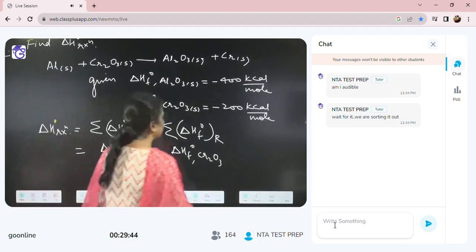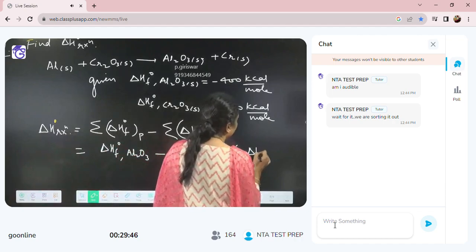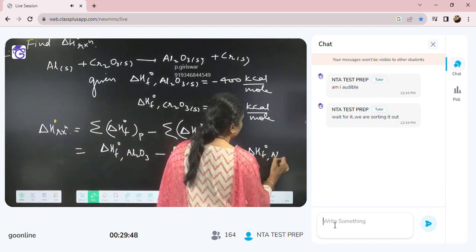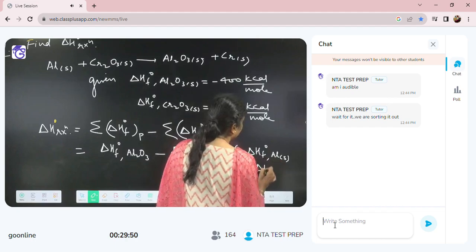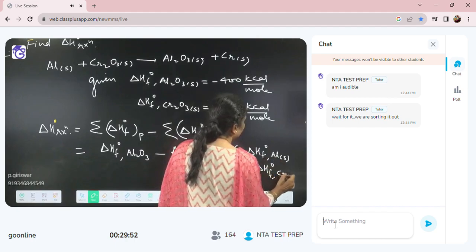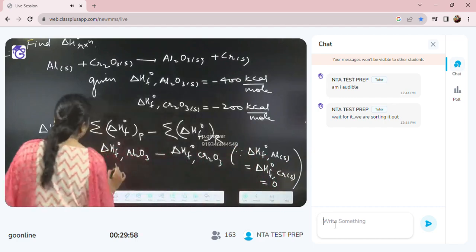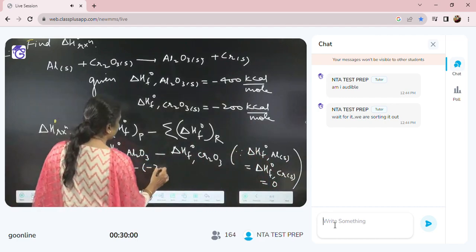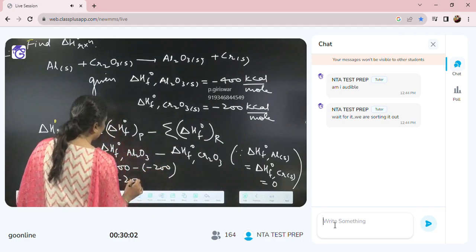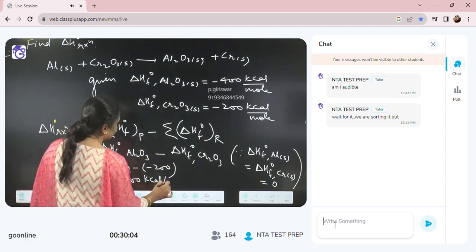So simply minus 400 minus of minus 200, we'll be getting minus 200 kilocalorie per mole.